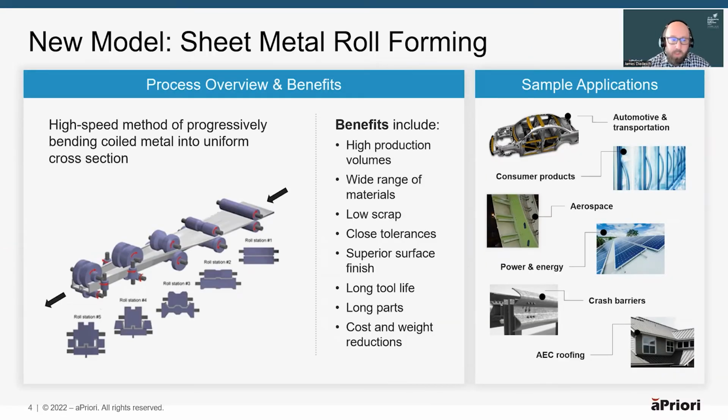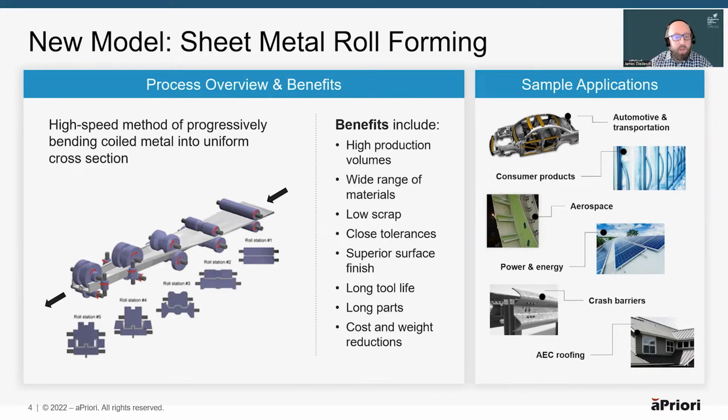Sheet metal roll forming is a high-speed method of progressively bending coiled metal into a uniform cross-section through a series of roller dies. Some of the benefits include high production volumes, and you're able to do this with a wide range of metallic materials. It typically has a pretty low scrap rate.